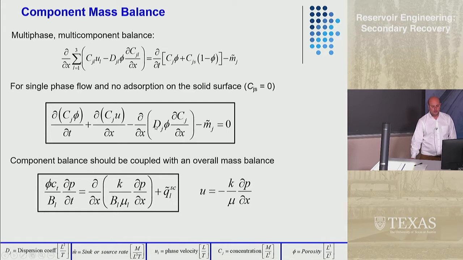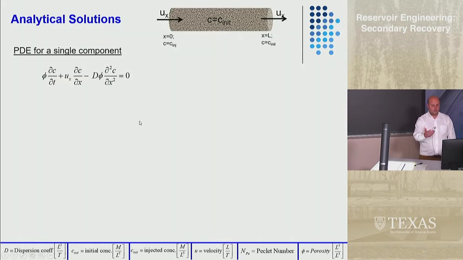We talked about that earlier. And if velocity is constant, then the dispersion coefficient is constant, so I can pull it out. And just to make it look easier, I've dropped the subscript J. So this is the concentration of some component. I'm saying we only have one component right now, so we'll call that just C. And so this is the equation that we have.